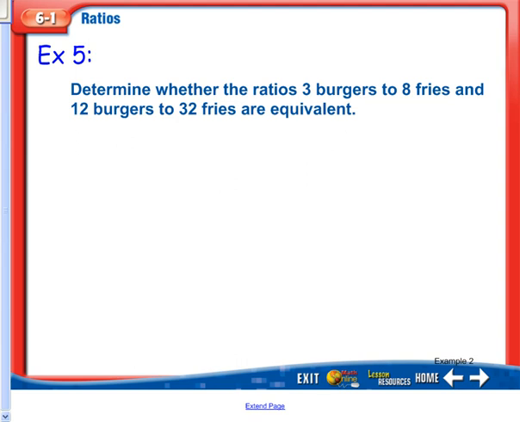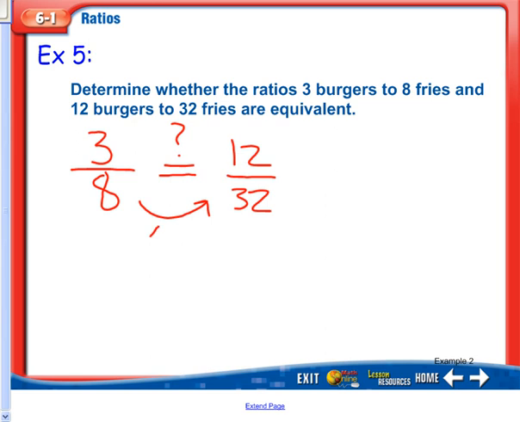Example 5. Determine whether the ratios 3 burgers to 8 fries and 12 burgers to 32 fries are equivalent. So 3 burgers to 8 fries, is that equal to 12 burgers to 32 fries? In this situation, I see that 8 goes into 32 4 times.